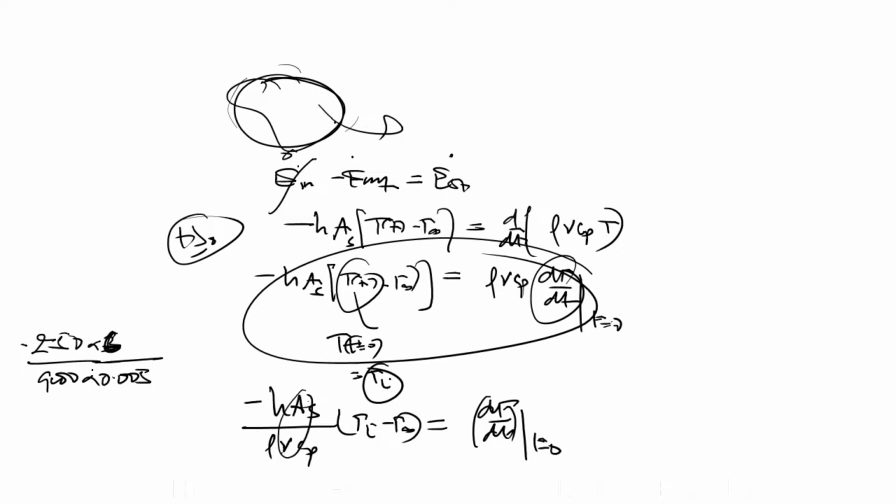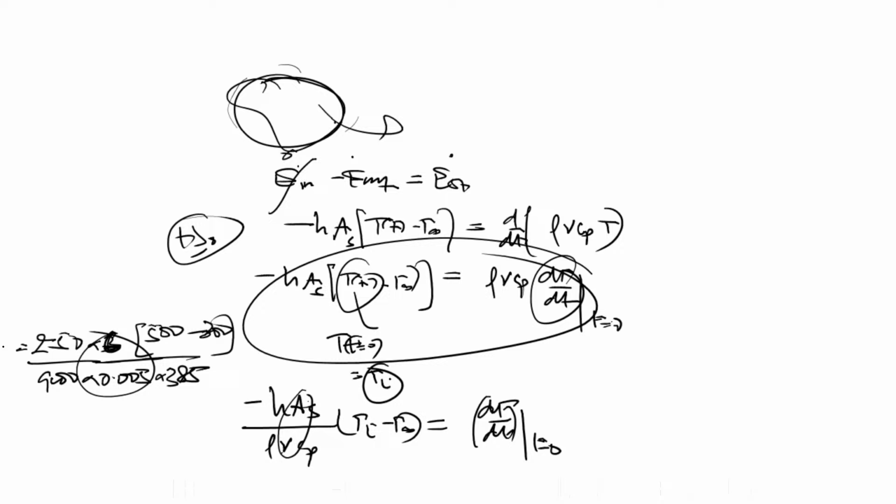So As by V we have already written here like this. Cp is how much? 385. Initial temperature is how much? 500. Bath temperature is 300. That is your answer. Please solve. Minus sign you should not write in the answer because they are asking rate of decrease.